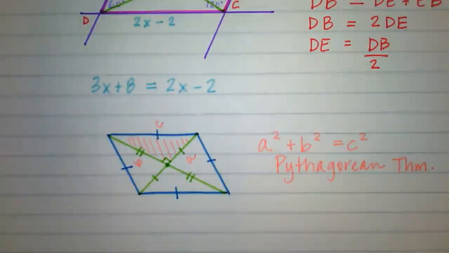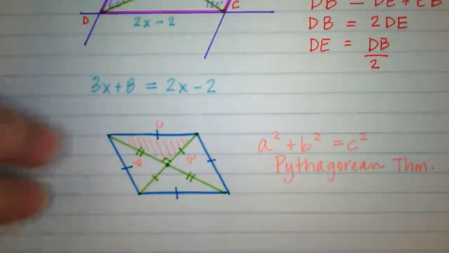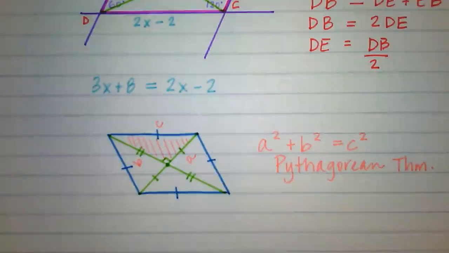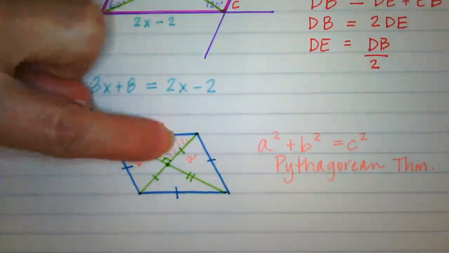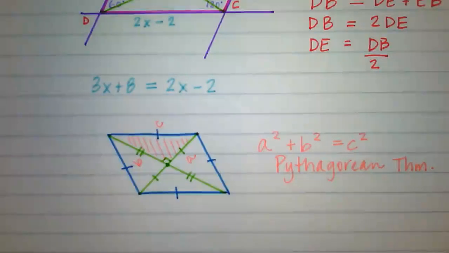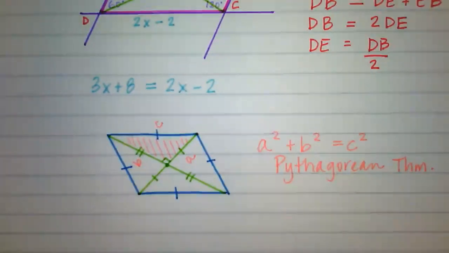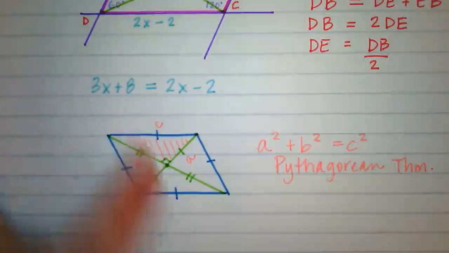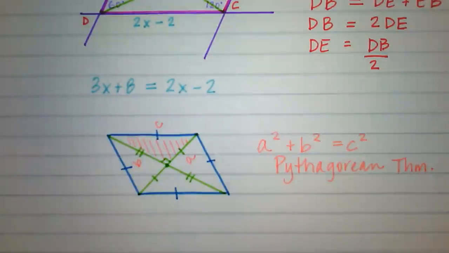And then just remember the basics. If something bisects, it cuts it in half. If something's cut in half, that's 2 equal pieces. So 2 of these is the whole thing, but divided by 2 is the 1, and so on. Keep in mind that triangles add up to 180 degrees. That's another one that is very helpful.